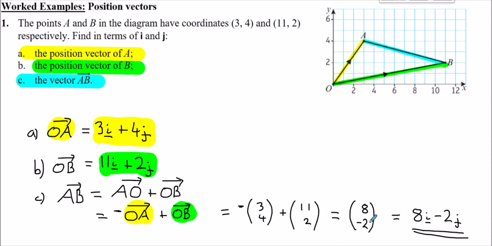The reason I showed you this way is because in 99.9% of all cases, you need to know how to do this algebraically and abstractly. You can't always rely on a coordinate grid to help you out. For example, if these are really awkward numbers or huge numbers, you can't spend your time in an exam doing a massive coordinate grid.